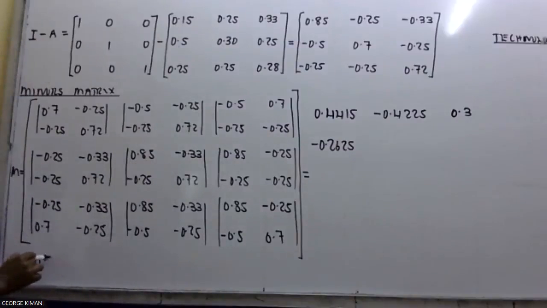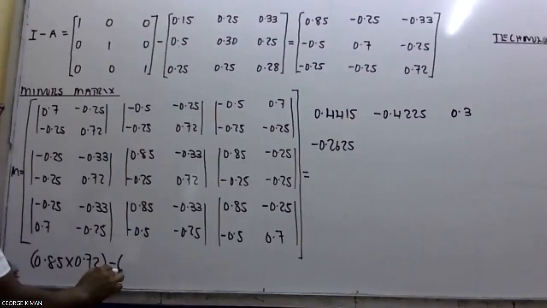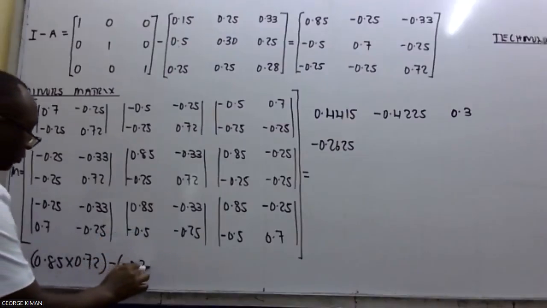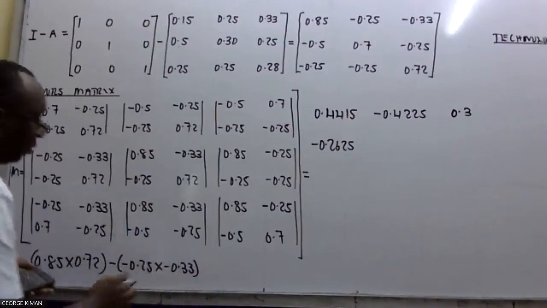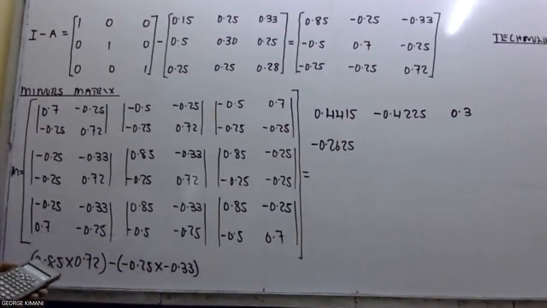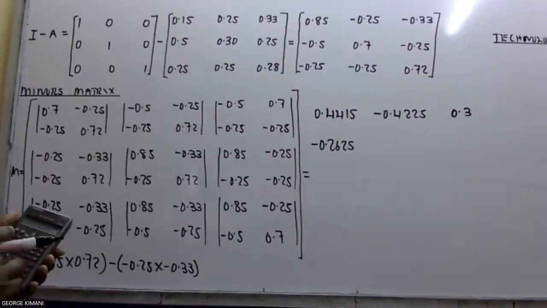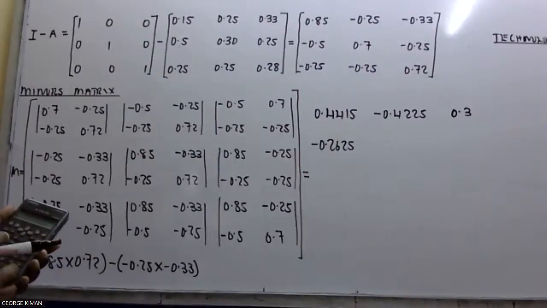We are going to say 0.85 times 0.72 minus minus 0.25 times minus 0.33. You want to know if he has brackets in the calc. So minus, open the brackets 0.85 times 0.72, close the brackets.